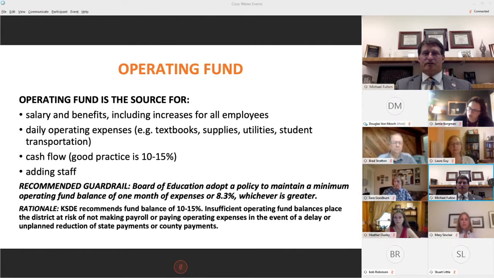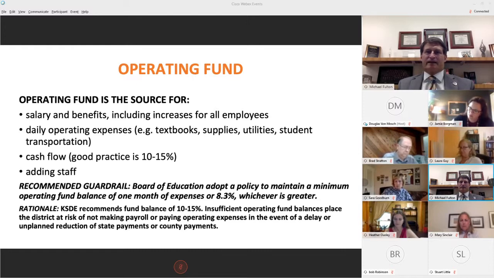Any good business practice involves making sure that you have a plan in place to make sure that you can meet payroll and pay your bills with some reasonable level of predictability.